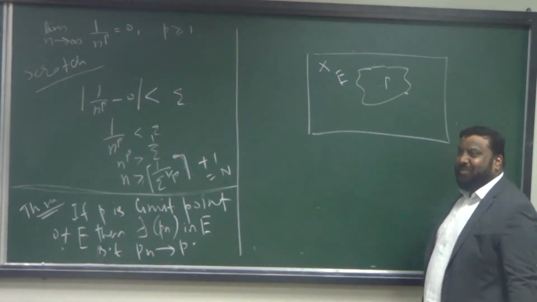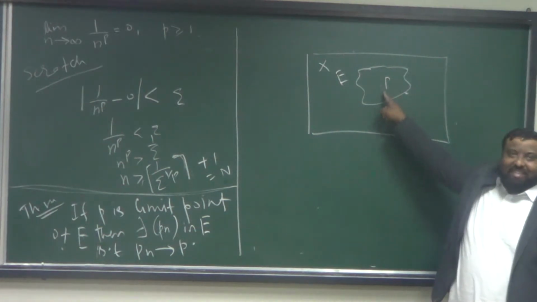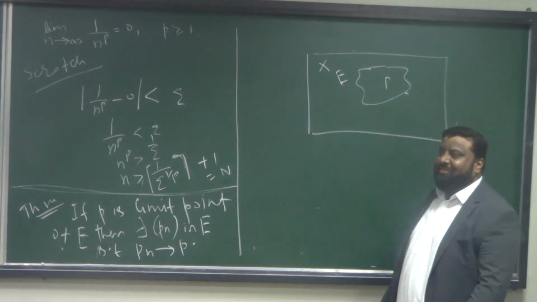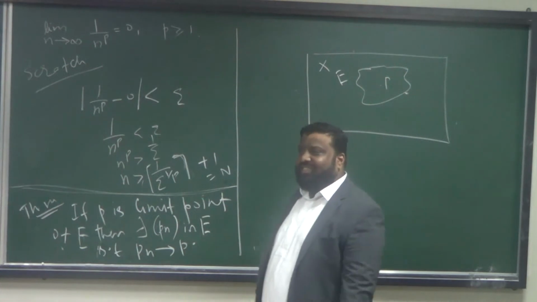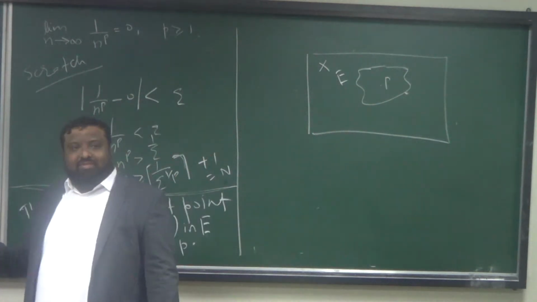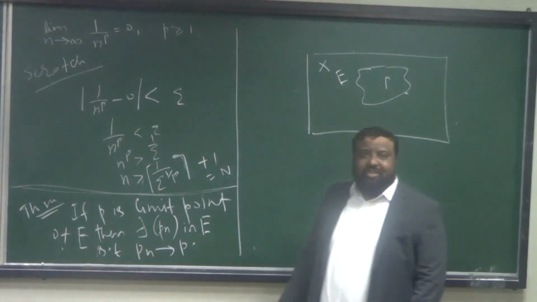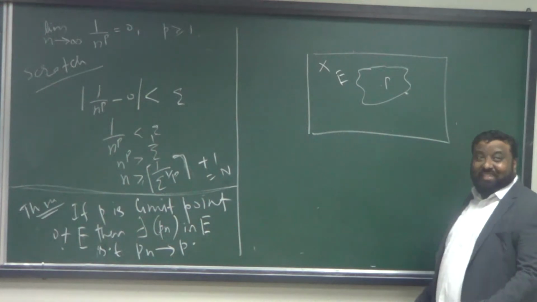Take a constant sequence, because if P is inside E, then there must be a constant sequence in which every term is P, and it's going to converge to P. So the answer is not interesting when P is inside E.